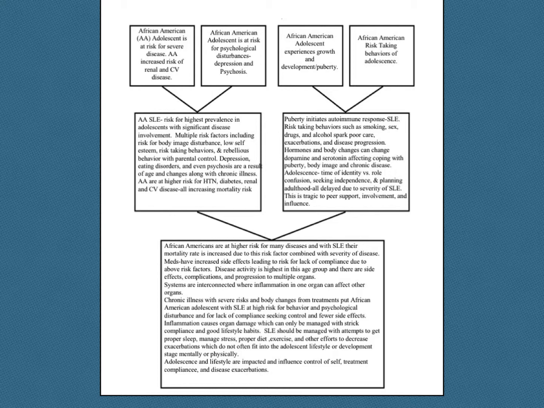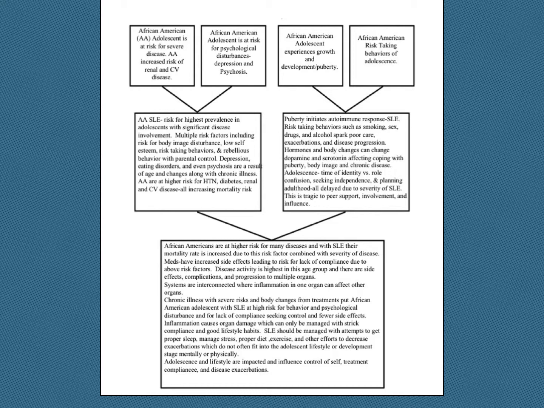The care map described the African American in the severe risk for disease, and then the psychological disturbances with that, along with the age of growth and development and puberty, and then risk-taking behaviors.